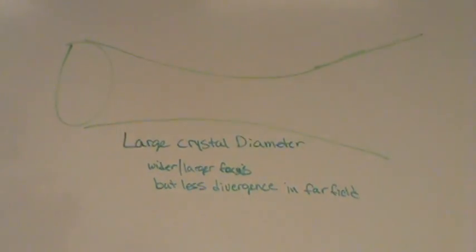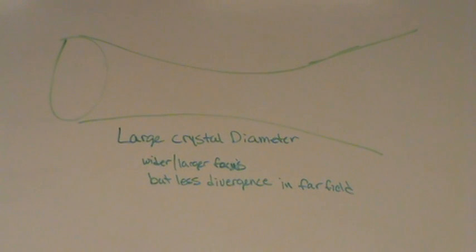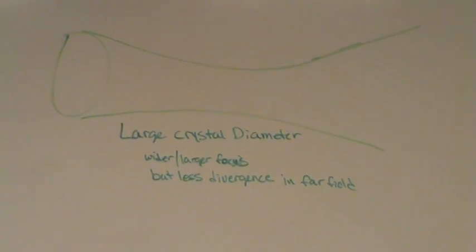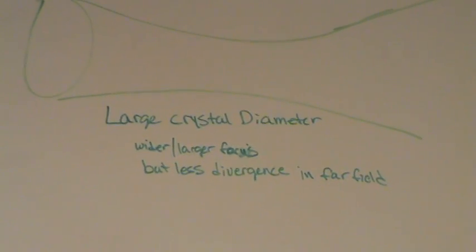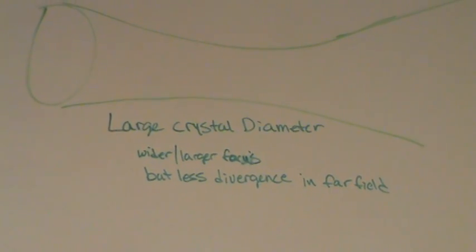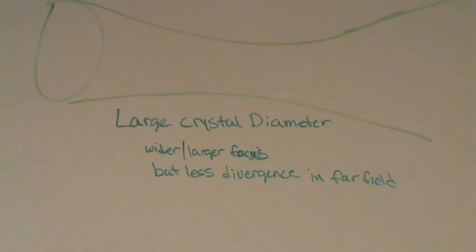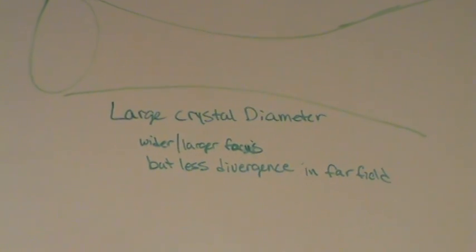So when we have that large crystal diameter, we have a larger focus. The focal point of the transducer or the beam isn't as narrow, but we end up with a little less divergence in the far field. And they call this a broad depth of field.